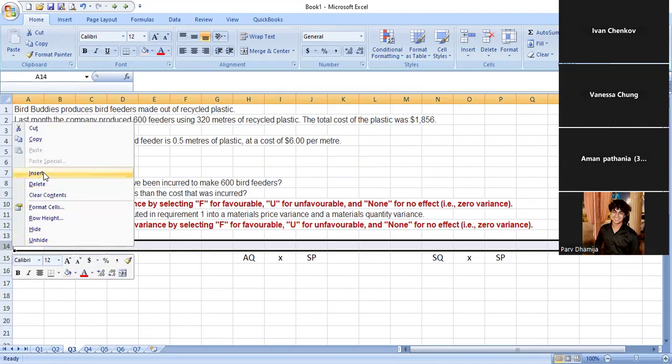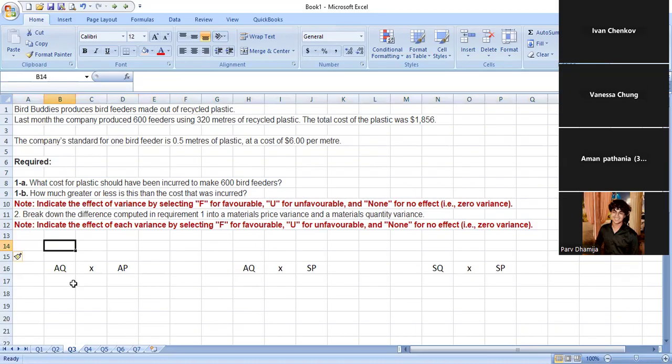From all the product cost variances that are available, which variance are we doing here? Which is the product cost? The 1,856? No. What's the product cost? Total product cost. What are the three elements of the total product cost? Direct material, direct labor, and manufacturing overhead.